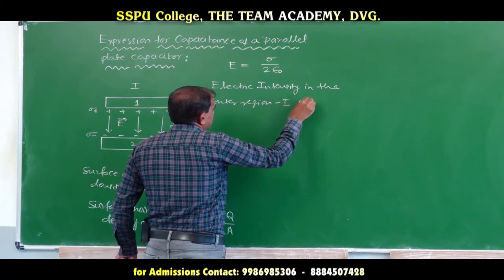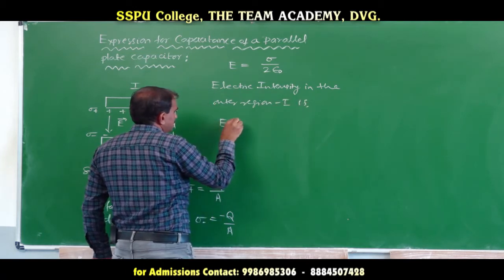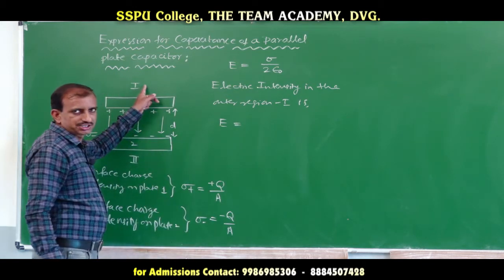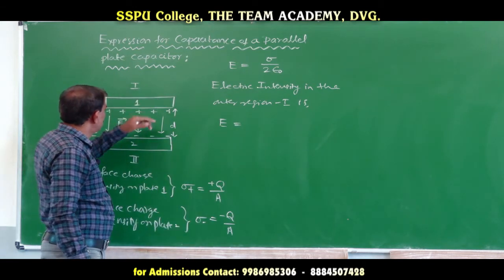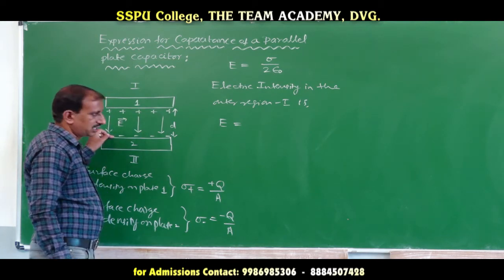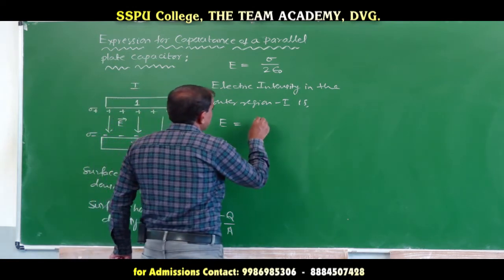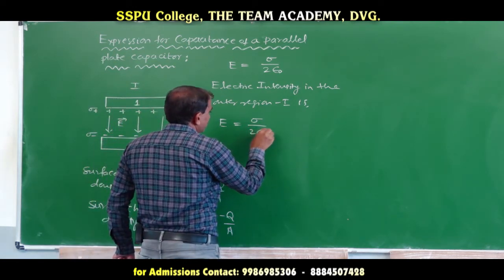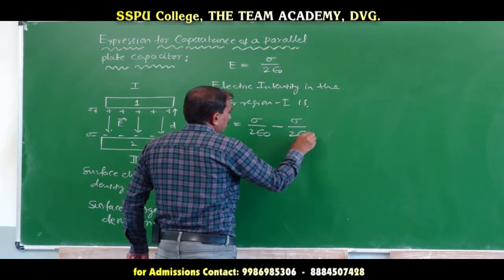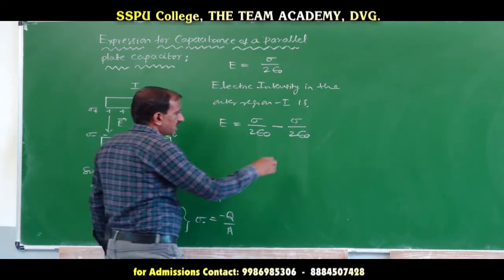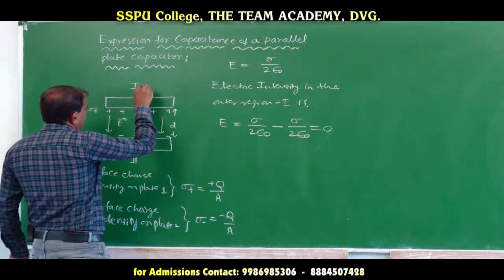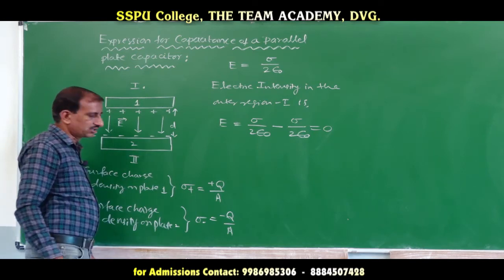The electric intensity at this region is due to the positive charges and negative charges. Due to positive charges it is sigma by 2 epsilon naught, and due to negative charges it is minus sigma by 2 epsilon naught. Hence the net electric intensity in the outer region 1 is 0.